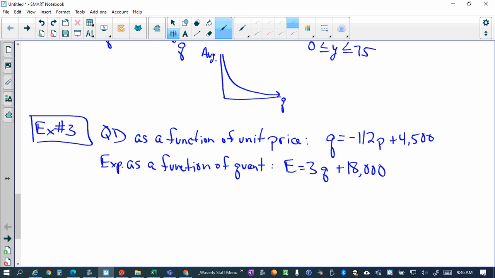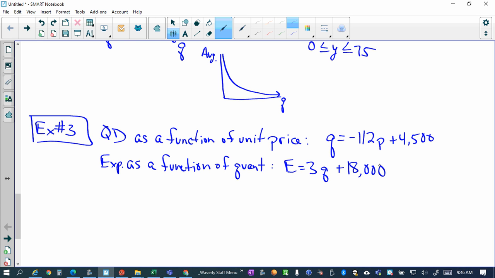They want us to express this expense function in terms of P, price. We'll take a look at our expense function. Is there a price anywhere in there? Is there a P? Is there a place to get one from? What do you think? What do these two equations have in common? The quantity.